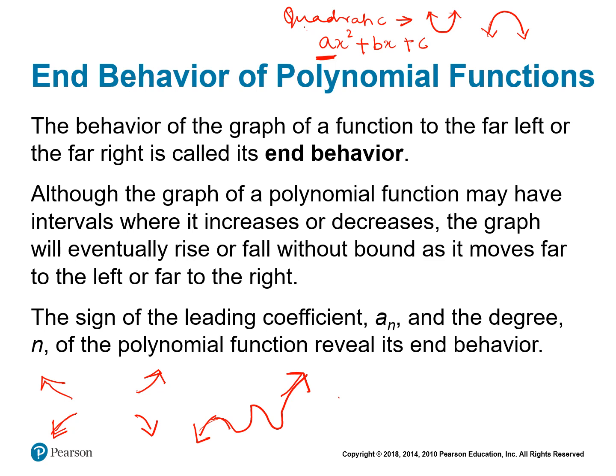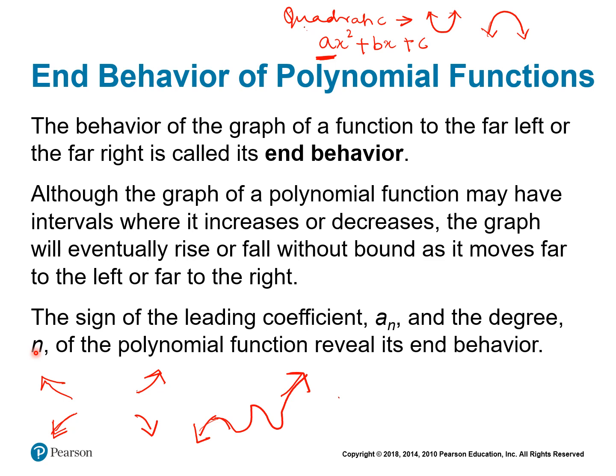To determine the behavior of the extreme ends of a polynomial graph, we will have to look at a, which is the leading coefficient of the function. And not only do we look at the sign of a, but also the highest exponent, that means the exponent of the leading term, n.